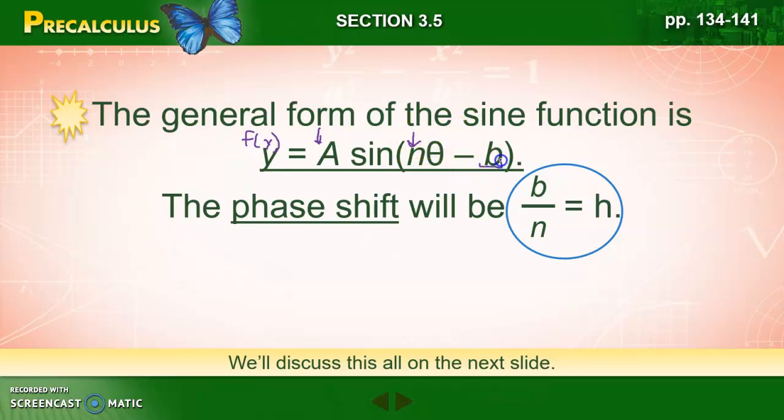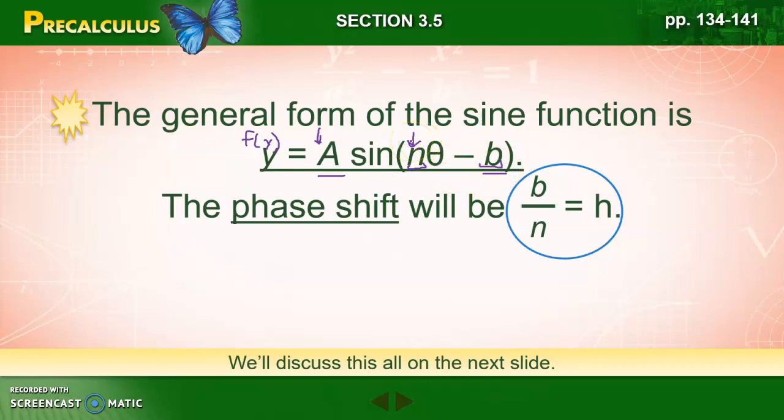And B is that horizontal shift, which in sine and cosine functions we call phase shift. Now, I don't have that written on this slide, but in your notes, you need to know that that is what those represent. A is amplitude, B is phase shift, or horizontal shift, and n is that coefficient in front of theta that's going to affect our period.